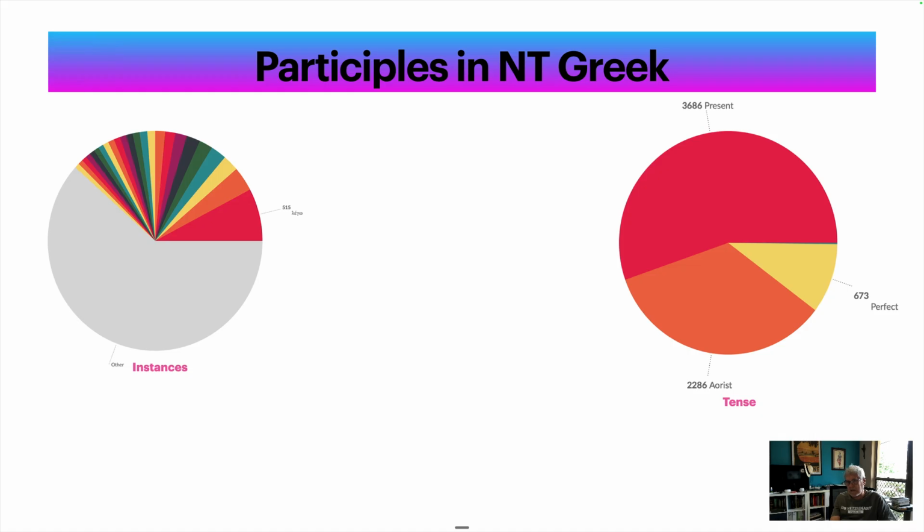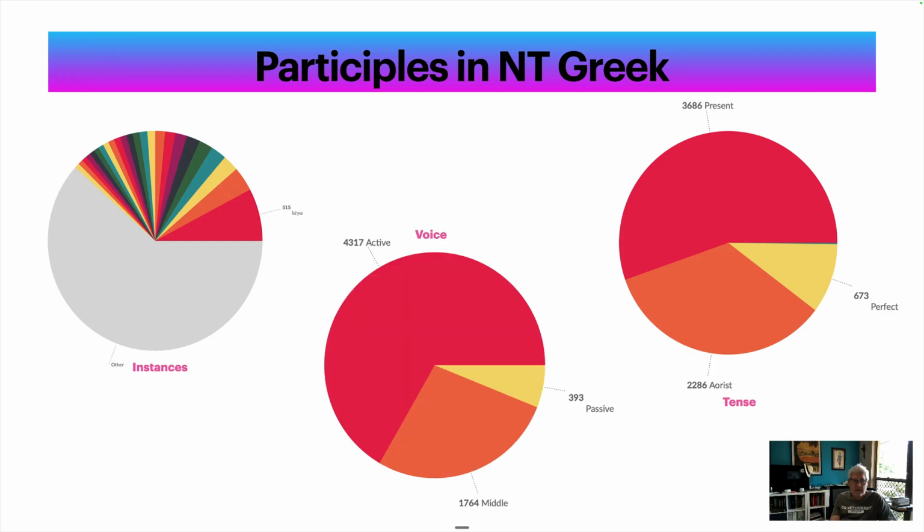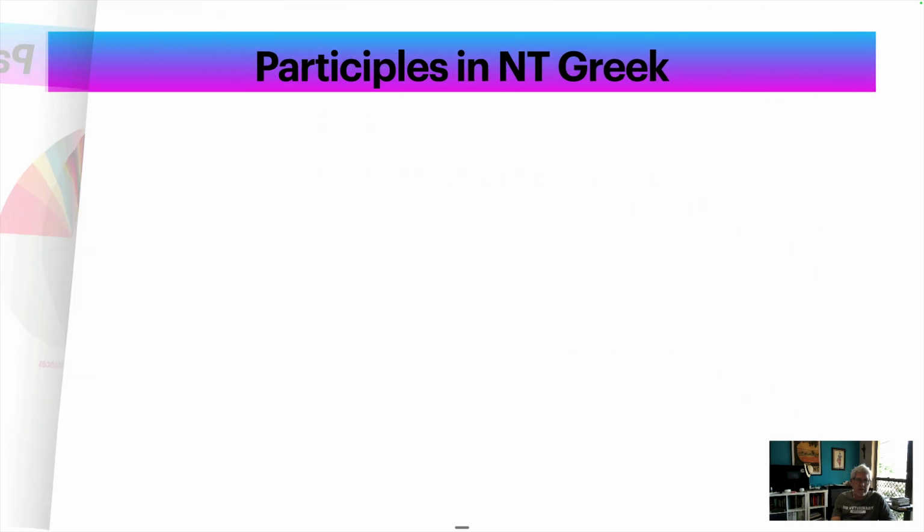About a third of the time they'll be aorist, and the remainder they'll be perfect participles. When it comes to voice, almost three quarters of the time the participles are going to be active. About a quarter of the time they'll be middle, and the remainder are passive. So that gives us a bit of a sense of the frequency data.